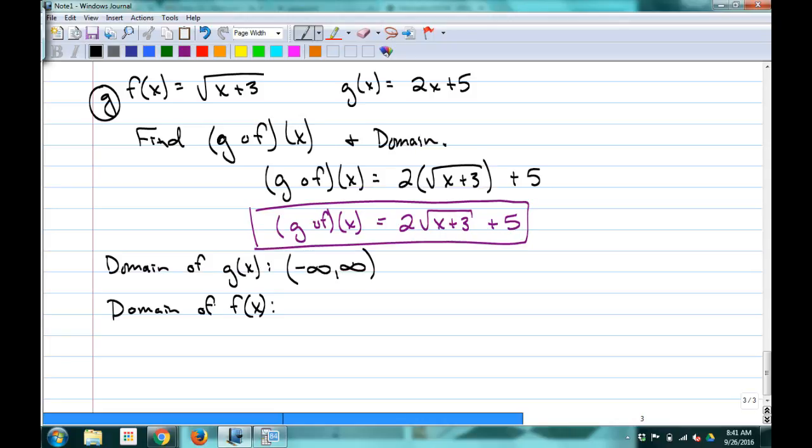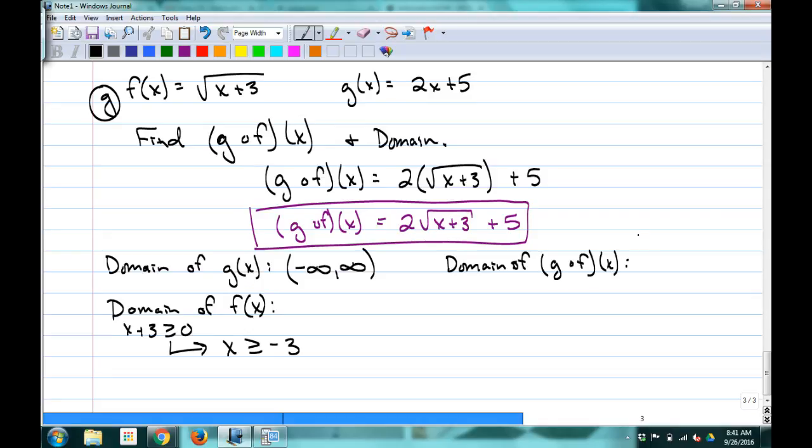So we're going to look at the square root of x plus 3. What do we know about that? x has got to be greater than or equal to negative 3, right? Just by setting x plus 3 greater than or equal to 0, that's what we get. Now, the domain of our composite function of g composed with f of x.